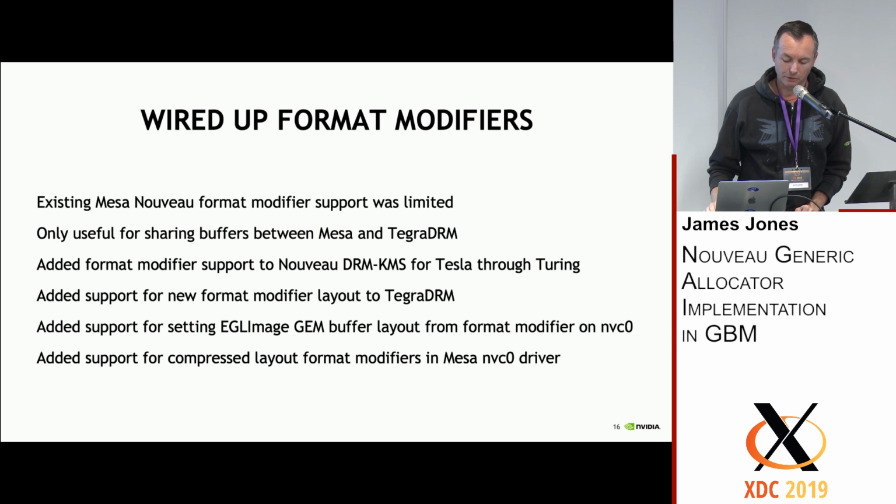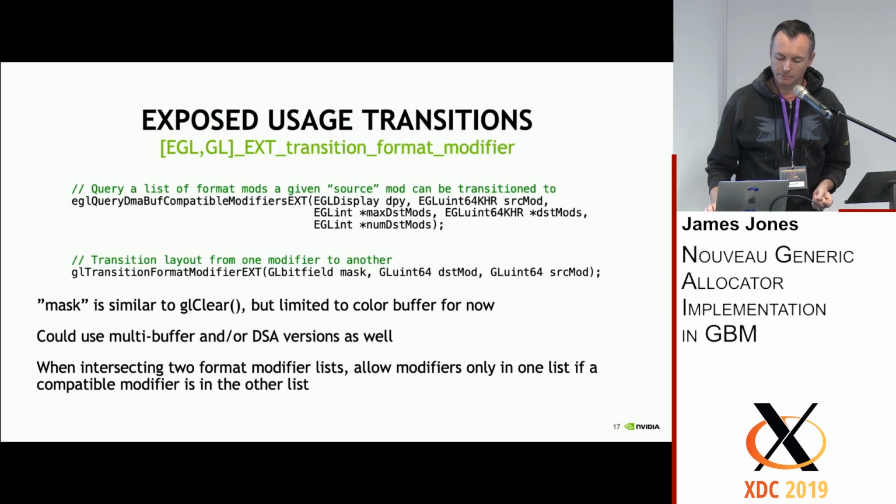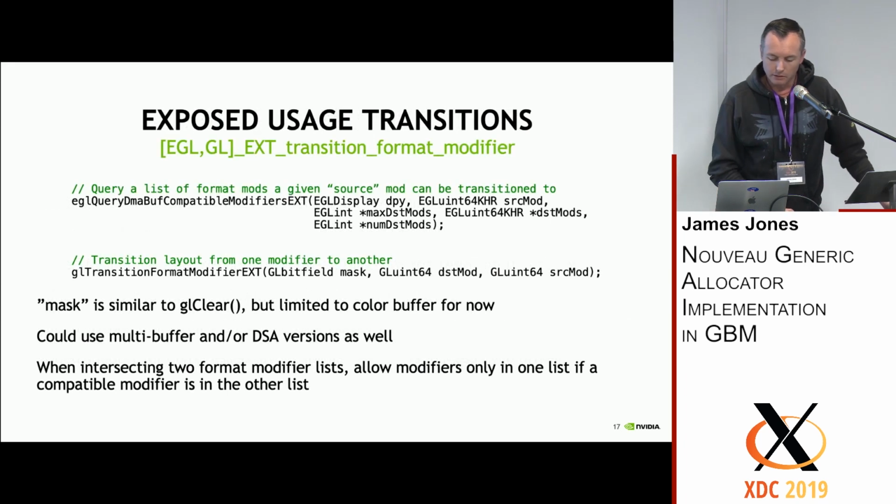But this is all pretty straightforward, just wiring some things up and filling out some tables and following the existing examples. And in addition to the existing layouts with the new format modifier, I added support for compressed buffers as well. And then the new part that I added was I exposed an extension to actually do these usage transitions in OpenGL.